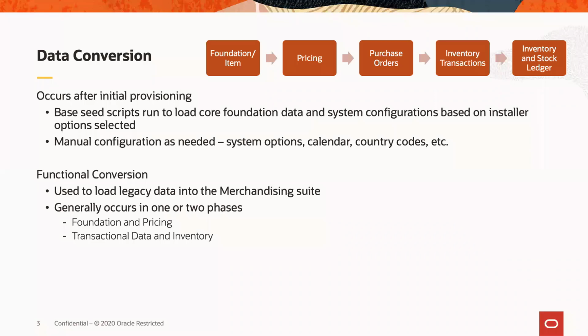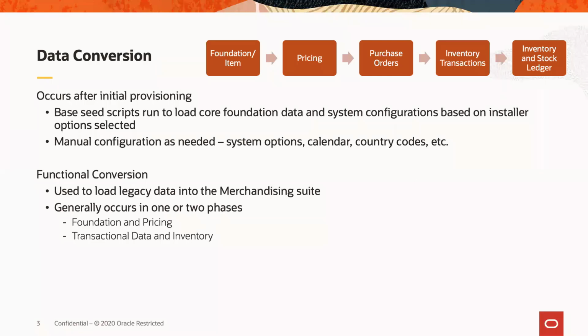Generally with merchandising cloud service, we're seeing data conversion happening in one or two phases: either everything being converted over at once, which is sometimes referred to as Big Bang, or happening in two phases, the first of which are foundation, item and pricing, and then the second phase being more the transactional data, purchase orders, inventory transactions, that type of thing.